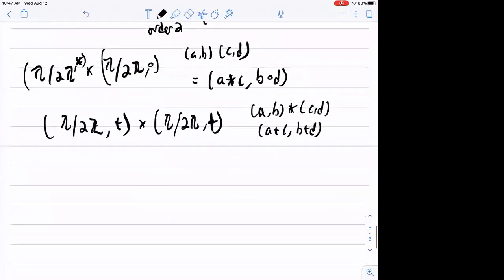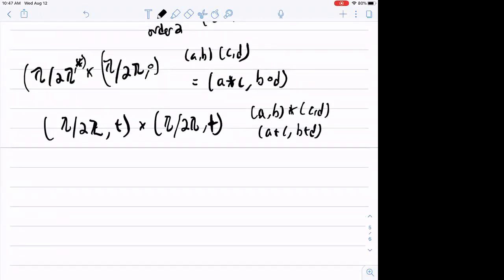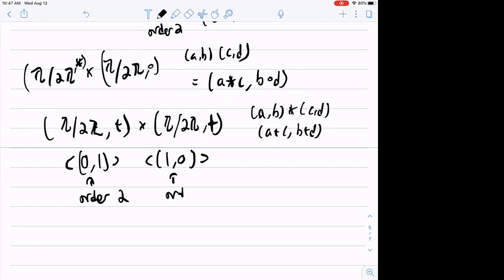If you consider the subgroup generated by (0, 1) and the subgroup generated by (1, 0), this has order 2, right? Because 1 plus 1 is 0, since 2 is 0 mod 2. And the same thing here, this is order 2. But the intersection is the identity.